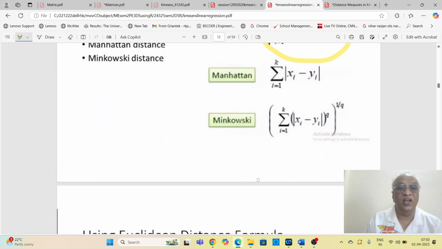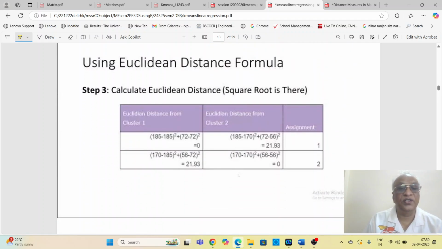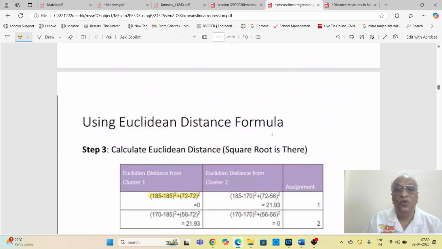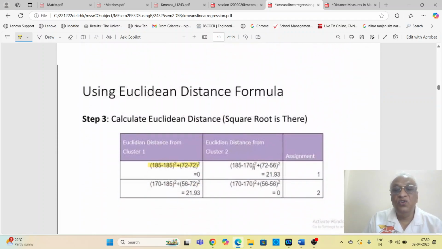So I'll find, using Euclidean distance, the distance from cluster 1. K1 with itself is the square root of (185 minus 185) squared plus (72 minus 72) squared, which is 0. But K1 from K2, where K2 is 170 and 56: (185 minus 170) squared plus (72 minus 56) squared comes to 21.93.